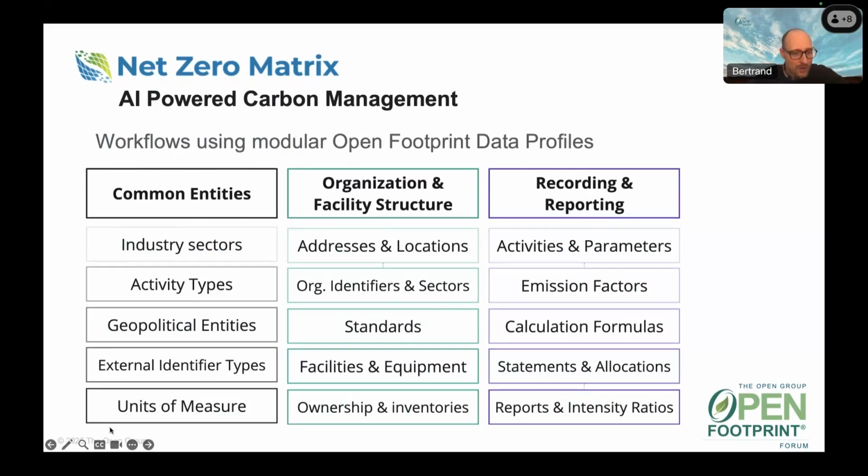We have concepts of unit of measure, which we were just seeing in the context of GWPs, right? How does that map over when we're ingesting data for the organization of facility structure, right? We break that down into specific domain areas that an AI agent, an LLM, could assist in the workflow, similarly for reporting. But then we have these modular constructs, how can we connect them into a contiguous business use case?